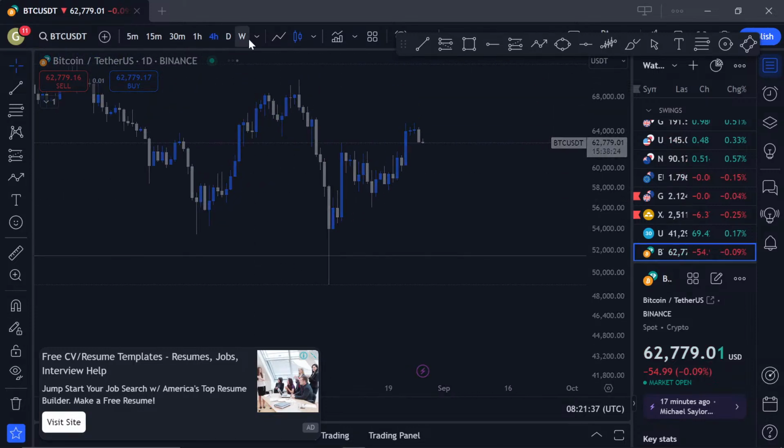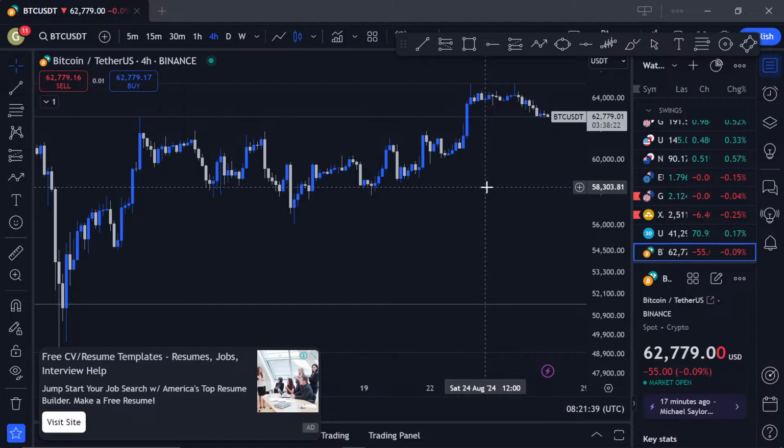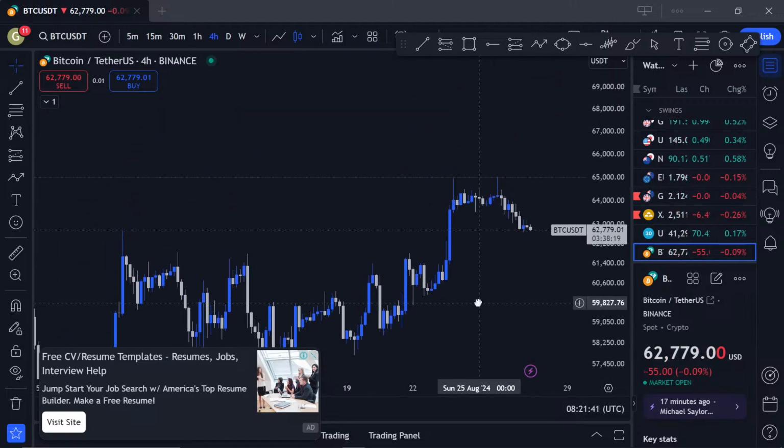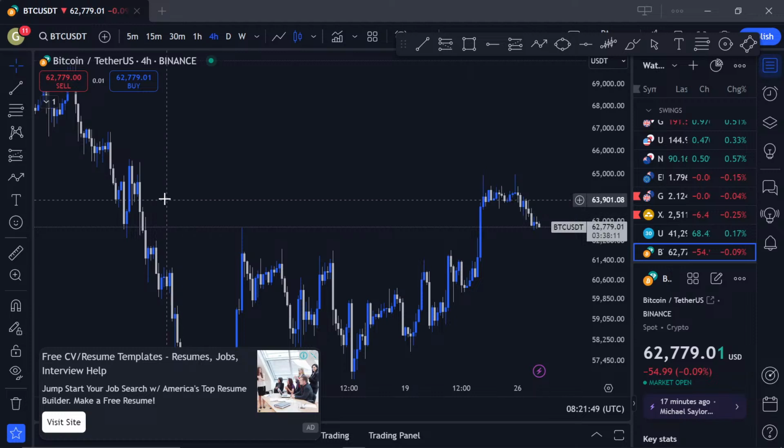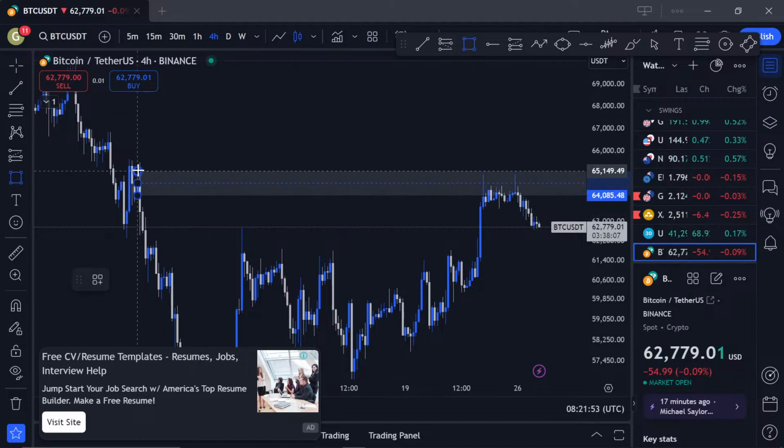Let me go down to the 4-hour time frame as usual. Okay, looking at it from here, the market is reacting from this supply level, as you can see here. That's where the market is reacting from.